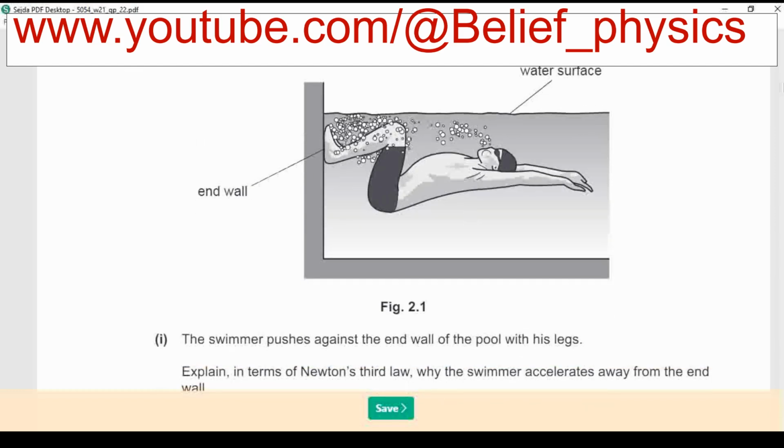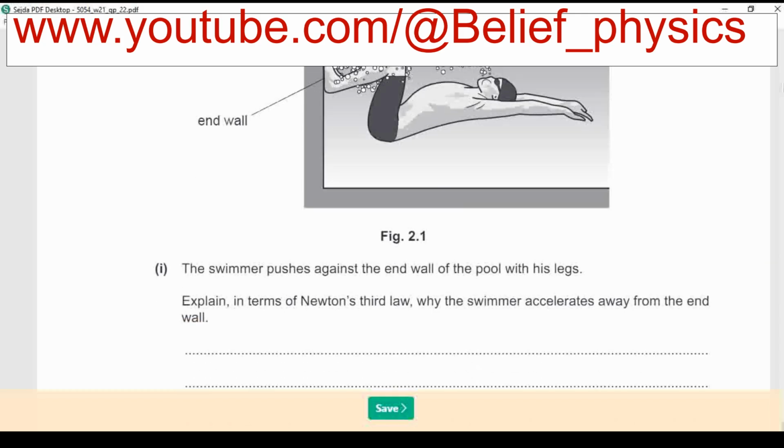He pushes the end wall with his feet, so as a reaction, the end wall will act. Reaction force will act on him in the opposite direction. The swimmer pushes against the end wall of the pool with his legs. Explain in terms of Newton's third law why the swimmer accelerates away from the end wall.